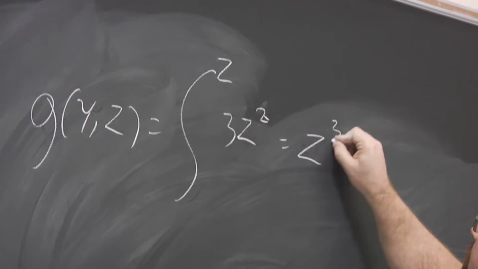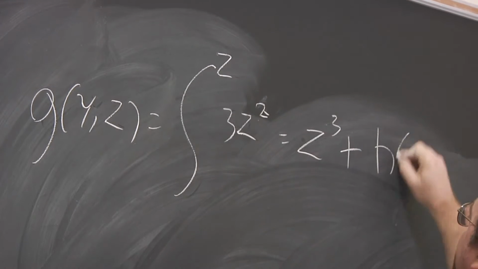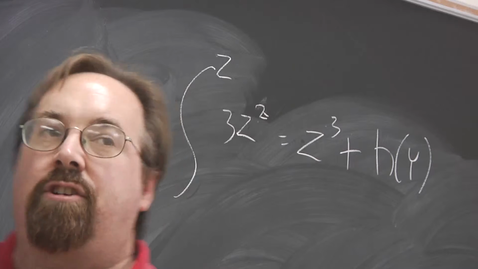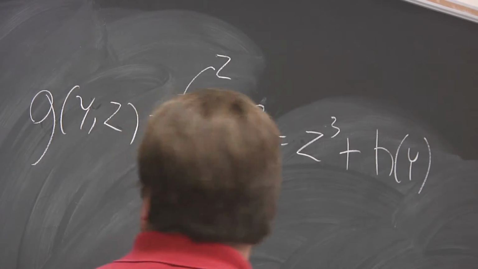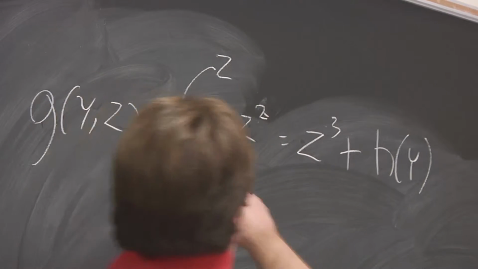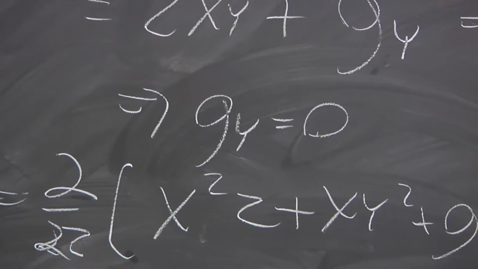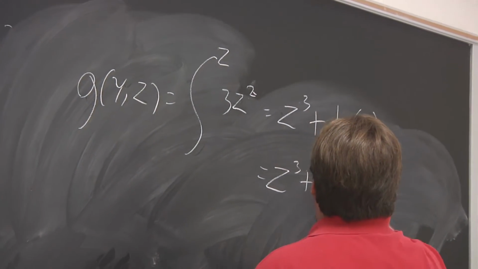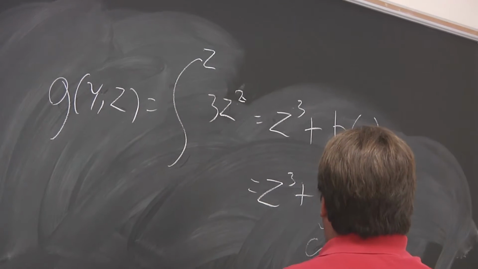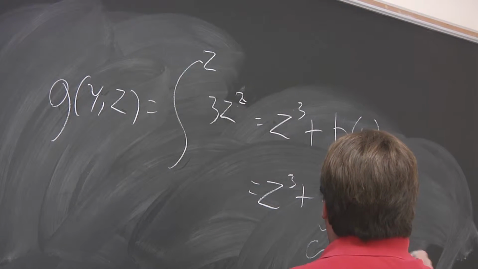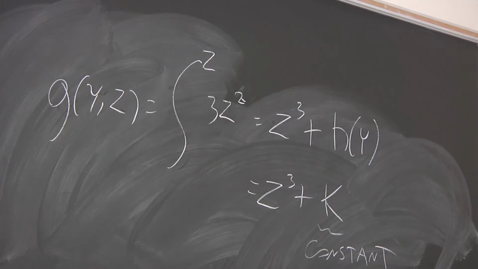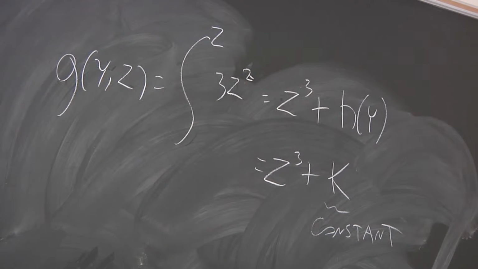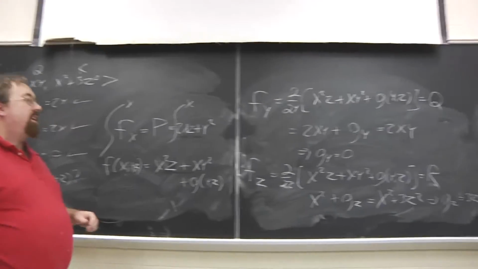So it's going to be z cubed plus some function that's independent of z, so it's a function of y. But g_y is 0, so this has to be a constant. That's the only possibility. It can't depend on x, can't depend on y either, and the z dependence is already taken into account. So the only choice left is it has to be a constant.